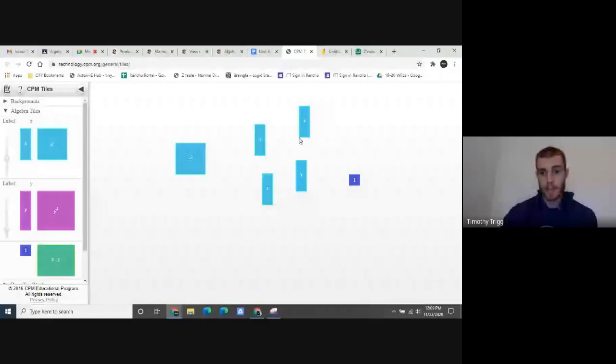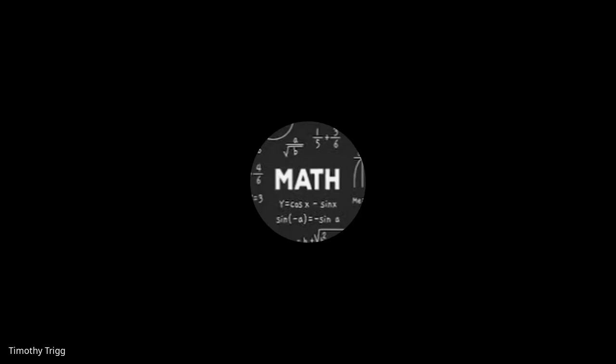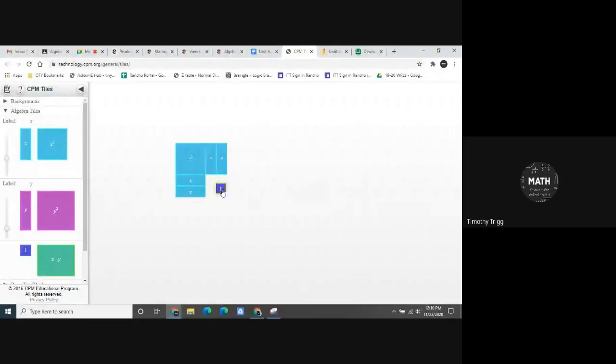Now, how can I make a rectangle out of this? So let me maybe just try moving these things around. Well, would this work? This formation? Well, no, only one thing can't fill in this whole gap. Won't fill in this spot.